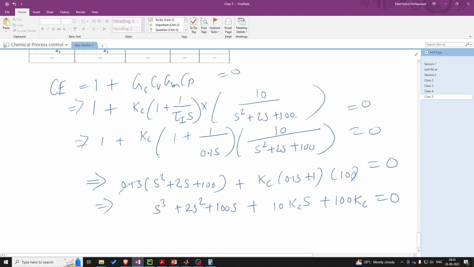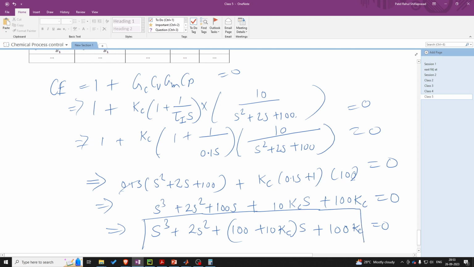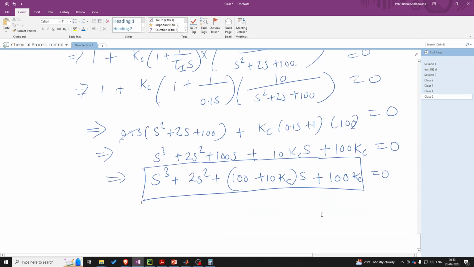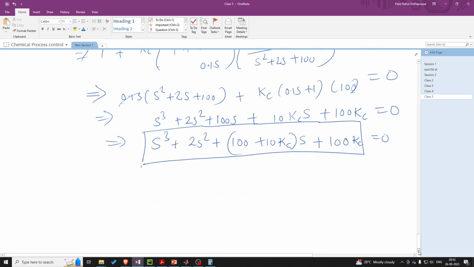So we can write this also as S cube plus 2s square plus 100 plus 10 Kc into S plus 100 Kc equal to 0. So once we have this equation, we can calculate the values of the root array.